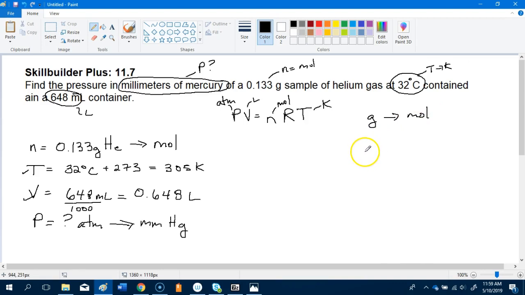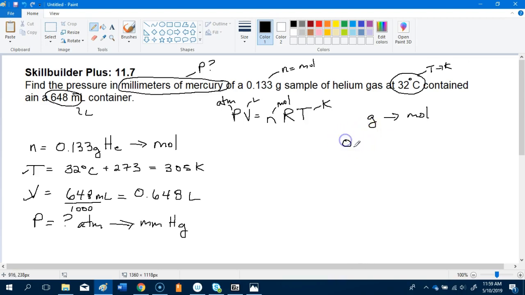Now, lots of students will think helium as a gas is going to be diatomic, and they're going to want to multiply the molar mass of helium, which is 4 grams per mole, by 2, thinking that it's diatomic. But helium is not diatomic. It's not a diatomic molecule. Hydrogen is. So don't multiply the molar mass by 2.